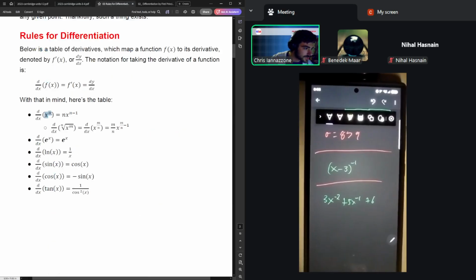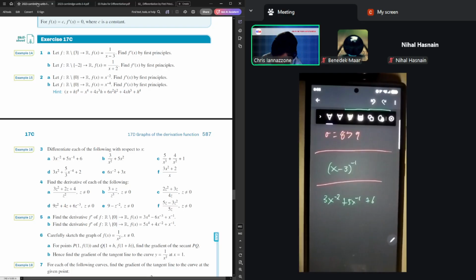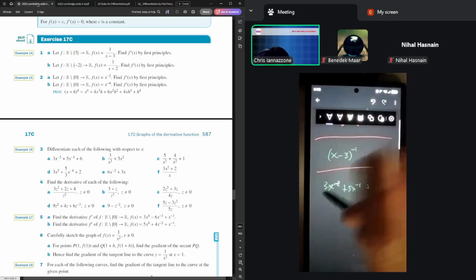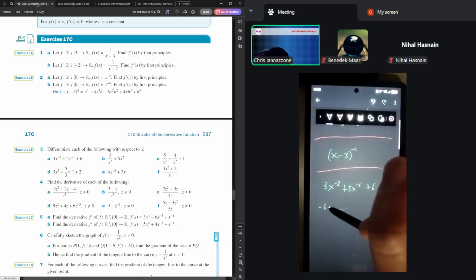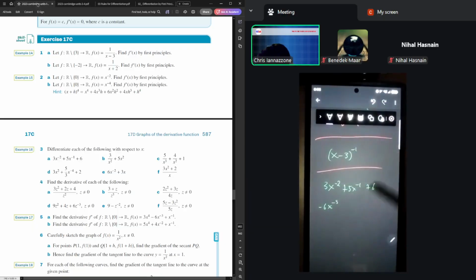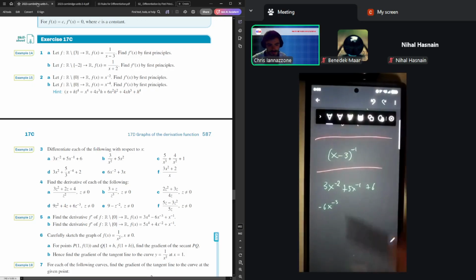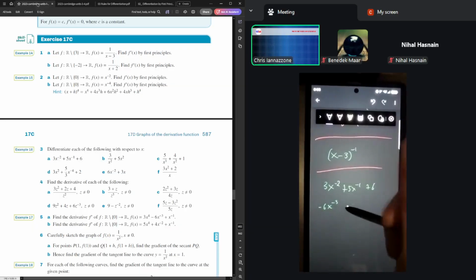So the n, whatever the power is, goes down at the front as a coefficient, and that n gets reduced by 1 further. So this will mean negative 2 comes out the front here, making this negative 6, and the negative 2 now goes down to negative 3. That's the other weirder thing about it, because you're subtracting from negatives. It feels like the number's getting bigger, but in reality there's a negative in front of it, so it is in fact still getting reduced by 1.